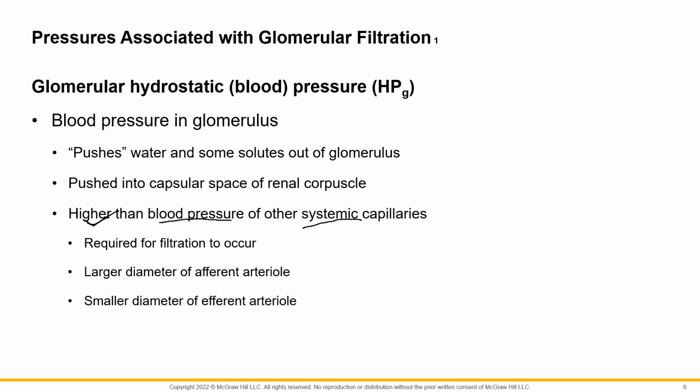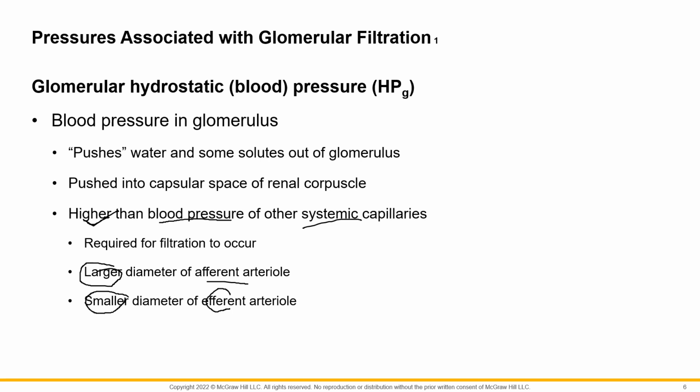So it's like a coffee filter. You press on the coffee filter and that's when liquid comes out. That's the higher pressure here. And that is achieved by having the incoming arteriole, which is the afferent arteriole, be a larger diameter, and the outgoing arteriole, which is the efferent arteriole, have a smaller diameter.